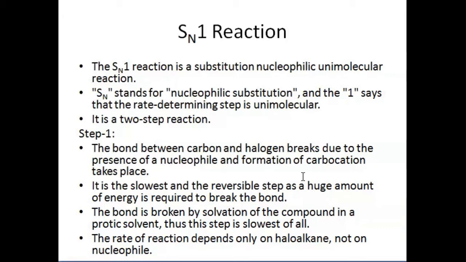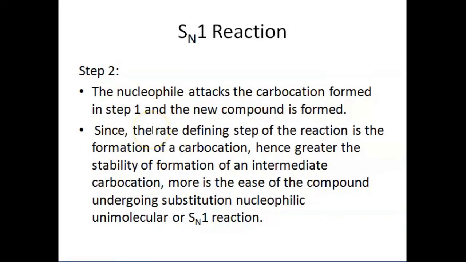The bond is broken by solvation of the compound, basically in a protic solvent. That is why this step is the slowest of all. Hence, the rate of reaction depends only on the haloalkane and not on the nucleophile. In the second step, the nucleophile attacks the carbocation formed in step 1, which helps in the formation of a new compound.